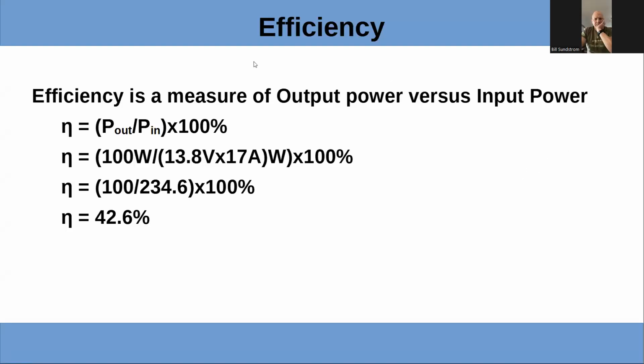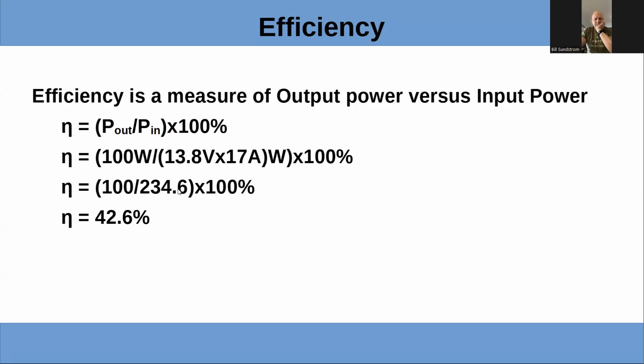And we talked about efficiency, and it's just a measure of the output power versus the input power. I did an example here of my 7300 transceiver. If I set it to put out 100 watts, and it's on a 13.8 volt DC supply, it draws about 17 amps.